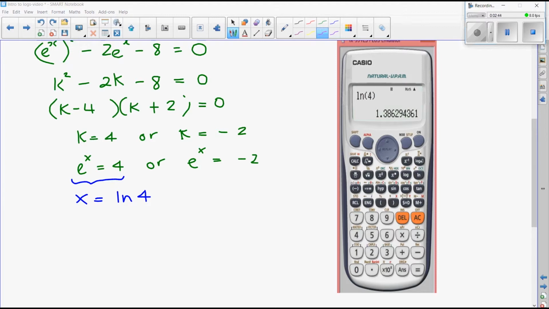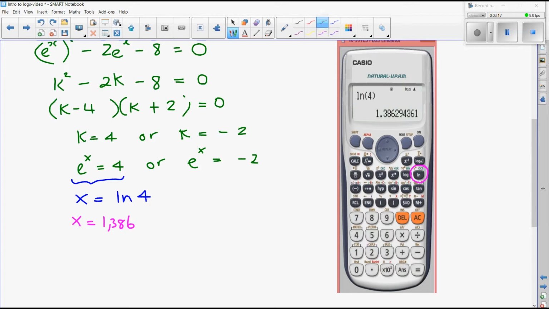On the calculator, you press ln 4 equals, and you will get 1.386294361, and then you can simplify your answer by rounding it off to the required decimal places. Let's round off to 3 decimal places, so we get that x equals 1.386. Leaving your answer as ln 4 is also very acceptable.